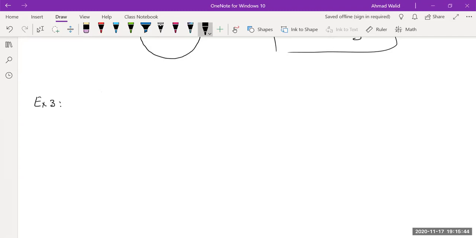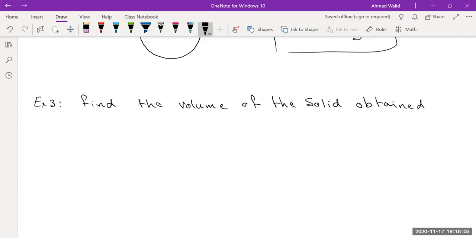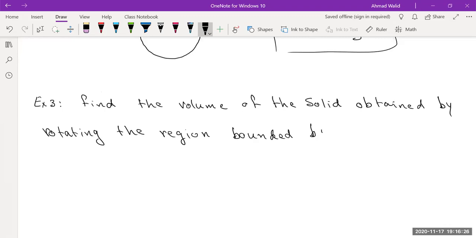Find the volume of the solid obtained by rotating the region bounded by y equal x cubed, y equals 8, and x equals 0 about the y-axis.